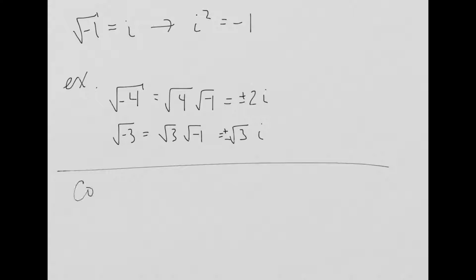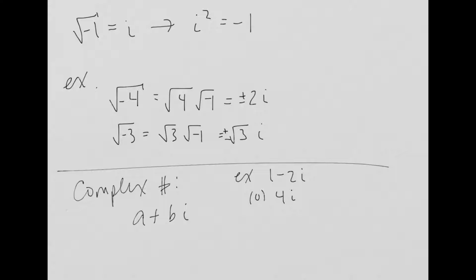So what is a complex number? It's anything of the form a plus bi. So for example, 1 minus 2i, that's a complex number. 4i, that's a complex number.